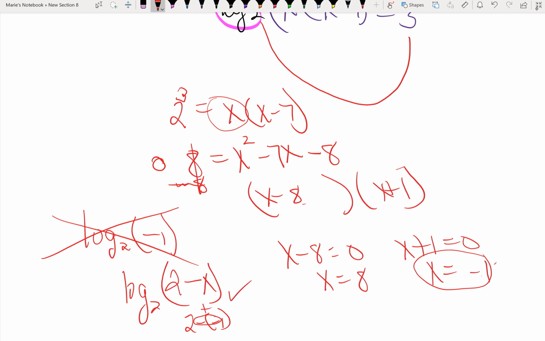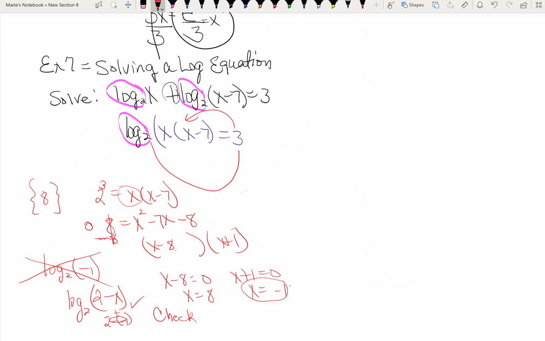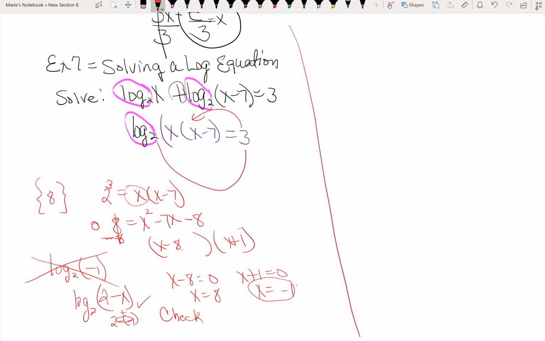So that would work. So always check is what I'm getting at. Don't assume. Check, because if it's an equation, it might actually work. So the only solution here is the 8. That would work because you could have log base 2 of 8. Okay? Having seen this equation, I would like for you to try one more.